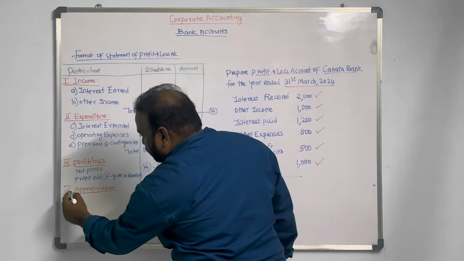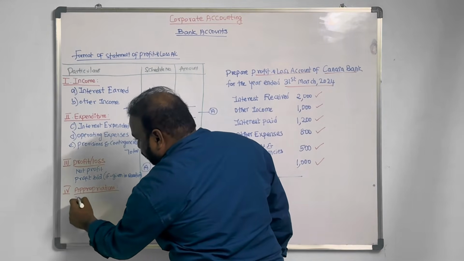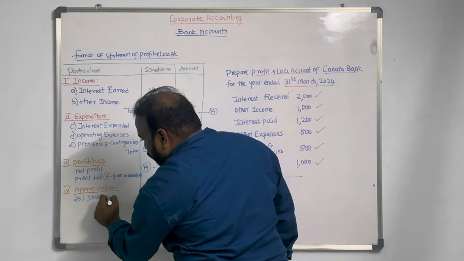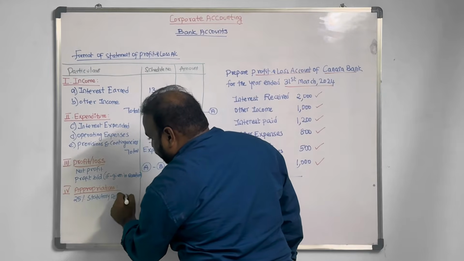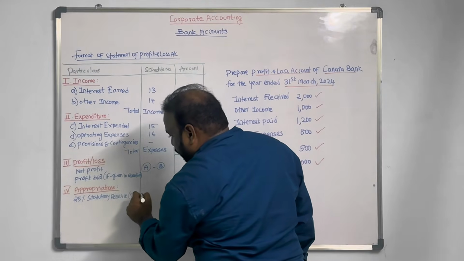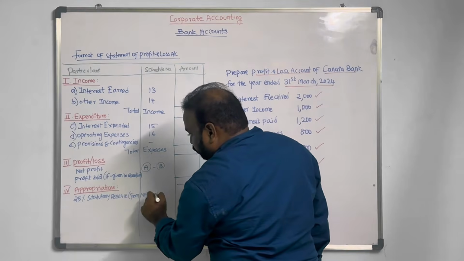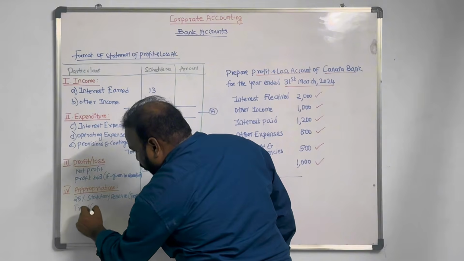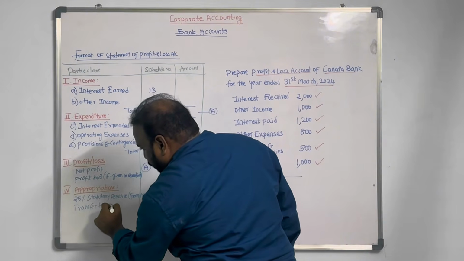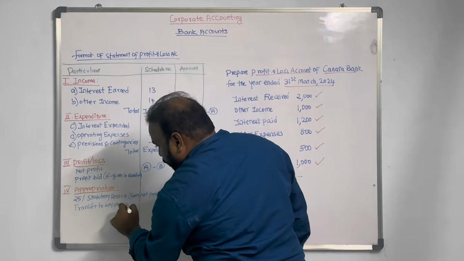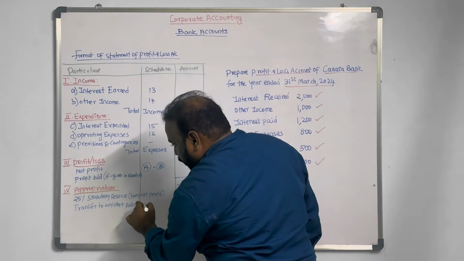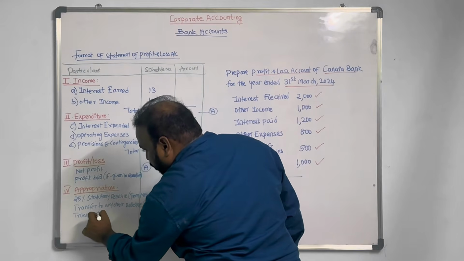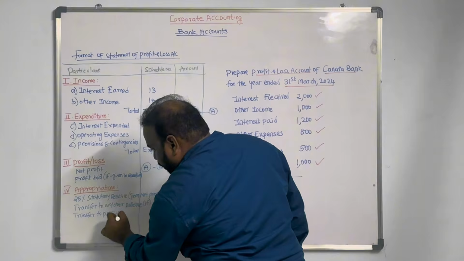Then appropriation, Roman letter 4, 25% statutory reserve. It should be calculated from net profit. Then transfer to any other reserve, and transfer to proposed dividend.